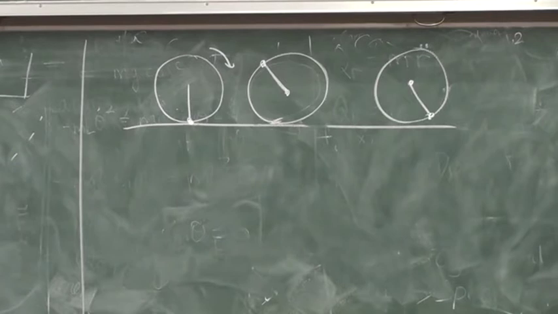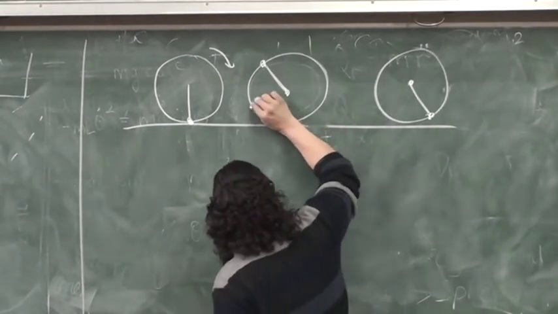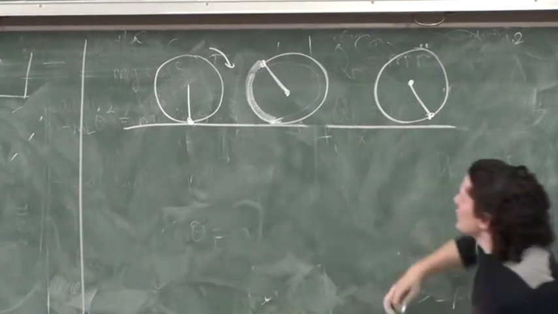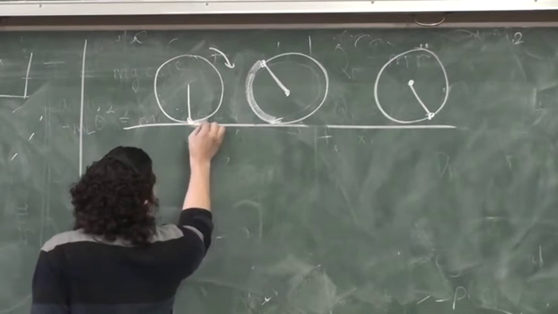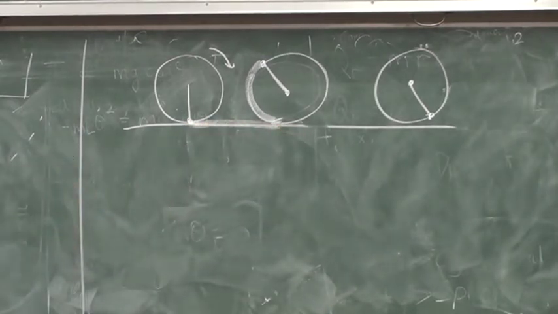But there's a constraint associated with this rolling motion. What is that constraint? It says that the distance traveled along the edge of the circle is the same as the distance traveled here, right? Does that kind of make sense to you?